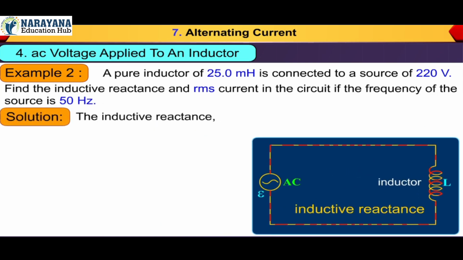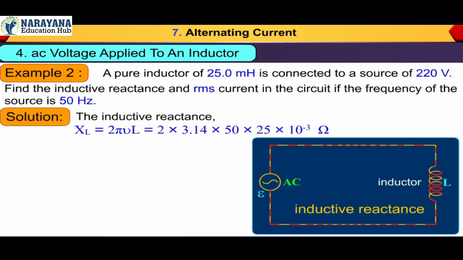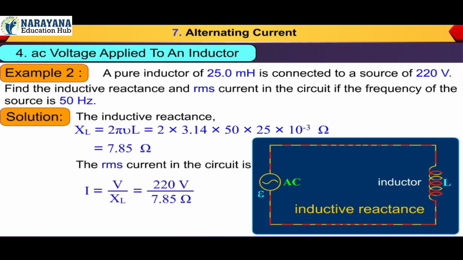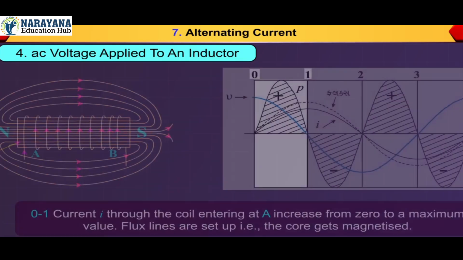The inductive reactance XL is equal to 2 pi nu L is equal to 2 into 3.14 into 50 into 25 into 10 raised to minus 3 ohm is equal to 7.85 ohm. The root mean square current in the circuit is I is equal to V upon XL is equal to 220 volt upon 7.85 ohm is equal to 28 ampere.